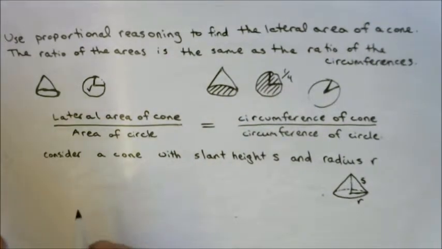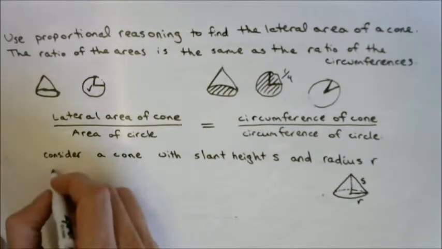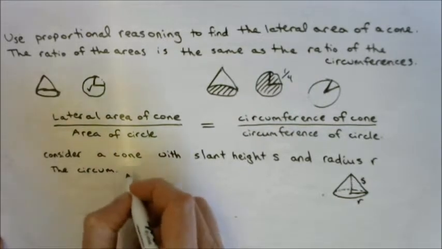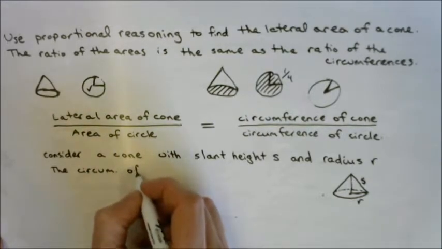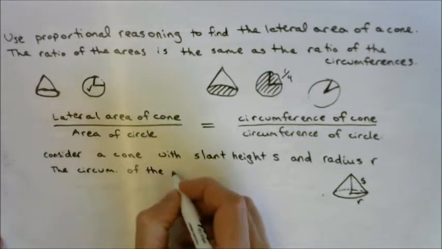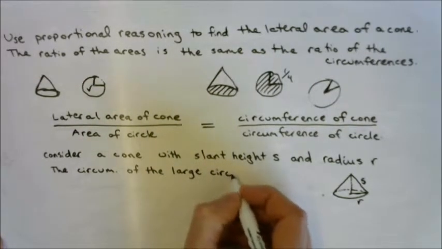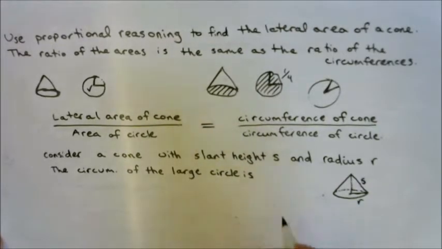Here we go. Now, the circumference of the large circle is, let's think about this. So basically, just like in your investigation, this cone was made from a larger circle.